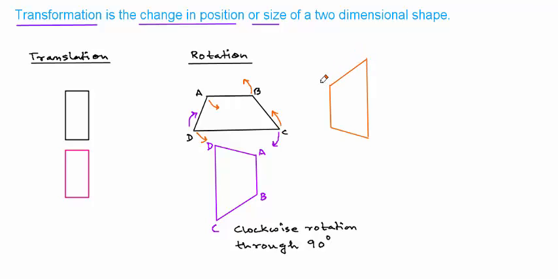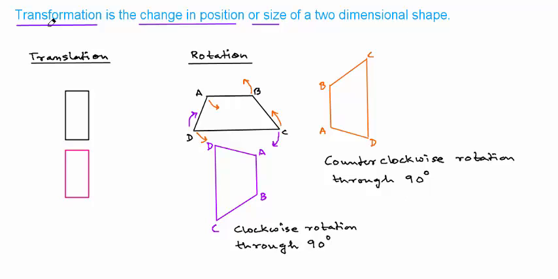We have BA and we have CD, and this is counterclockwise rotation through an angle of 90 degrees.